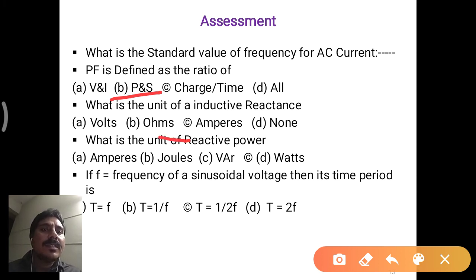Reactance is similar to impedance, the unit is ohms. What is the unit of reactive power? Reactive power is Q, and the unit is var. What is the unit for active power? Active power is in watts. What is the unit for apparent power? Capital S is in VA, volt ampere.